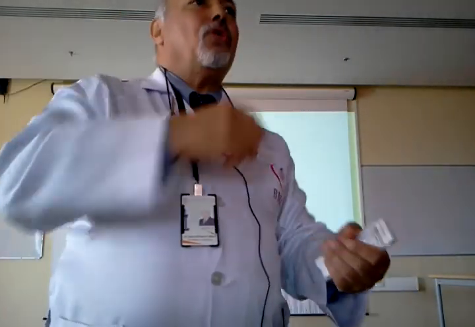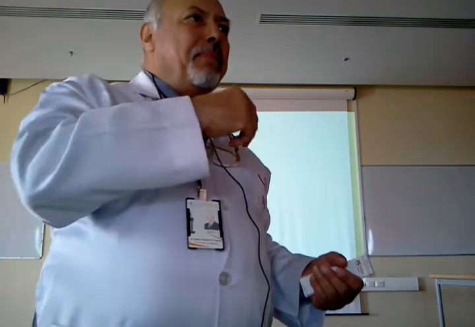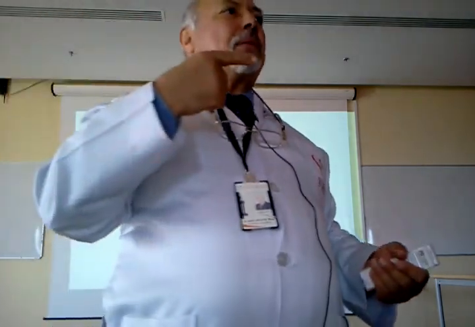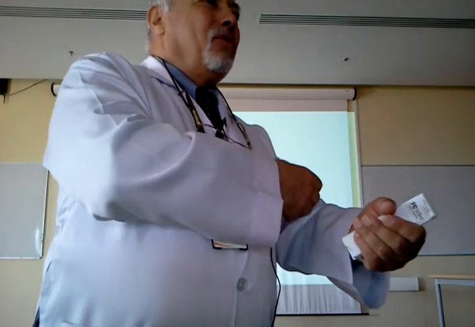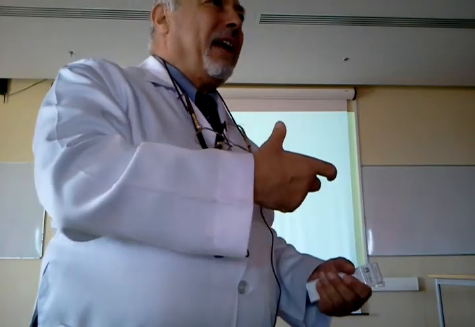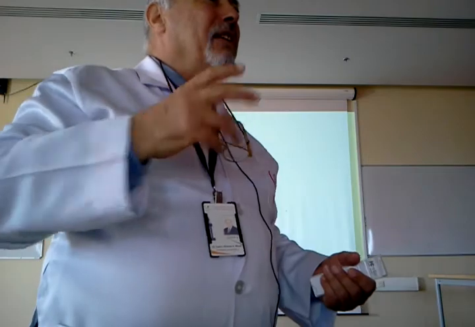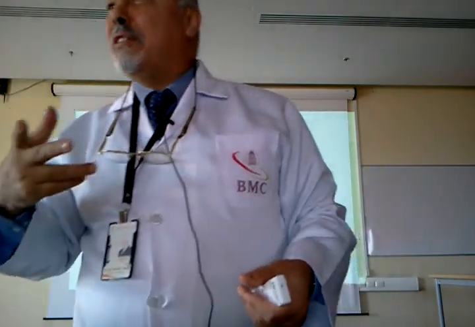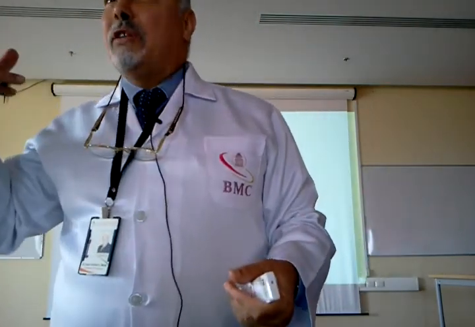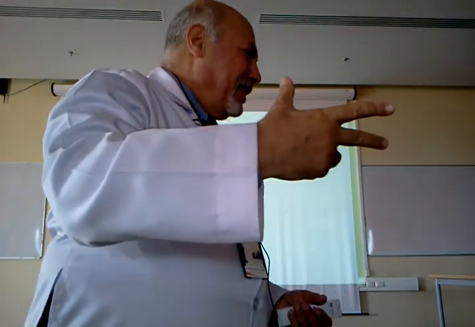If you push your needle deep, you can pierce the bicipital aponeurosis and then enter the brachial artery, and you will find your syringe filled with blood because you have entered the artery. If you are careless, you are going to inject the drug in the artery.